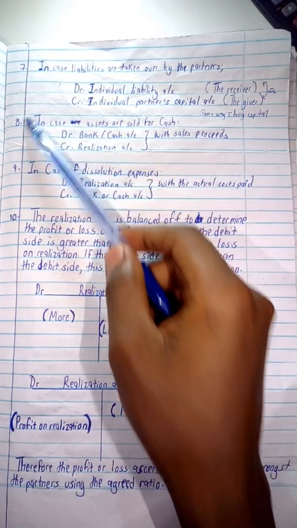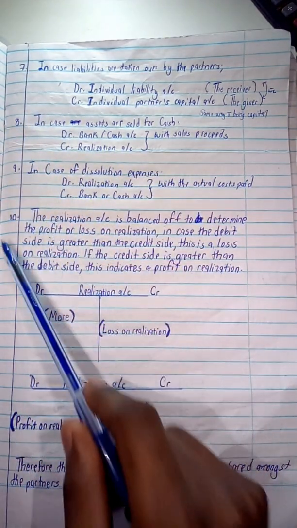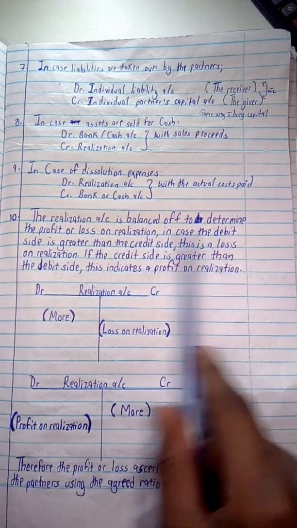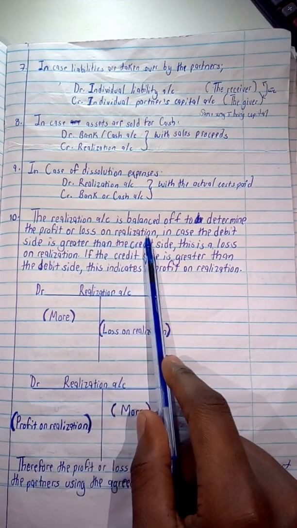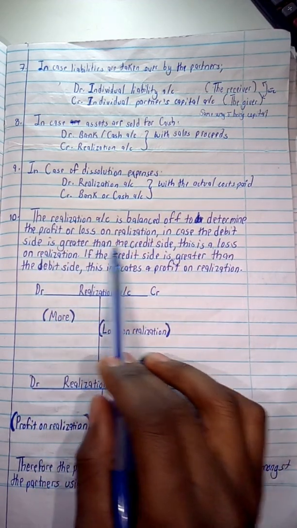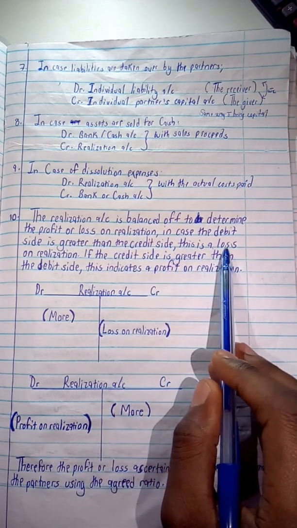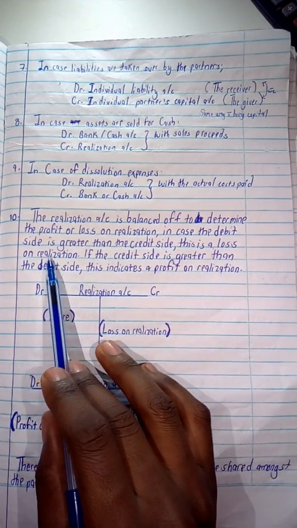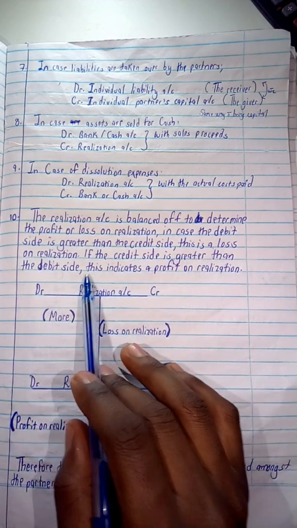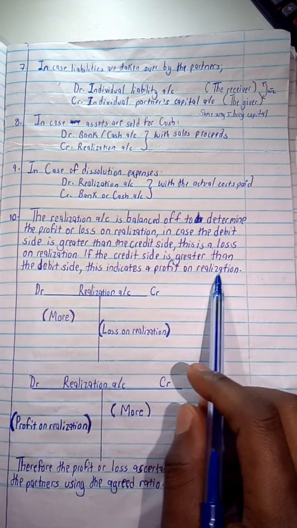I want you to note these numbers. This was 8, 9, then 10. The realization account is balanced off to determine the profit or loss on realization. In case the debit side is greater than the credit side, this is loss on realization. If the credit side is greater than the debit side, this indicates a profit on realization.